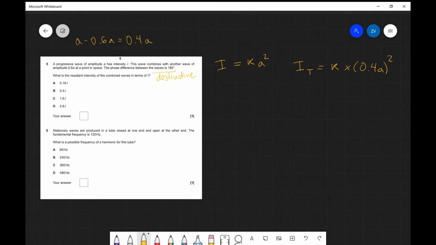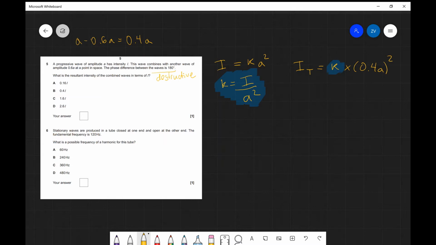Okay, well, let's find our constant of proportionality just from our first expression, just for the first intensity I, so K is going to be I over A squared. Now the way we always solve these questions is by getting our constant of proportionality K and finding an expression for it, which we have, then just subbing it back into the equation.